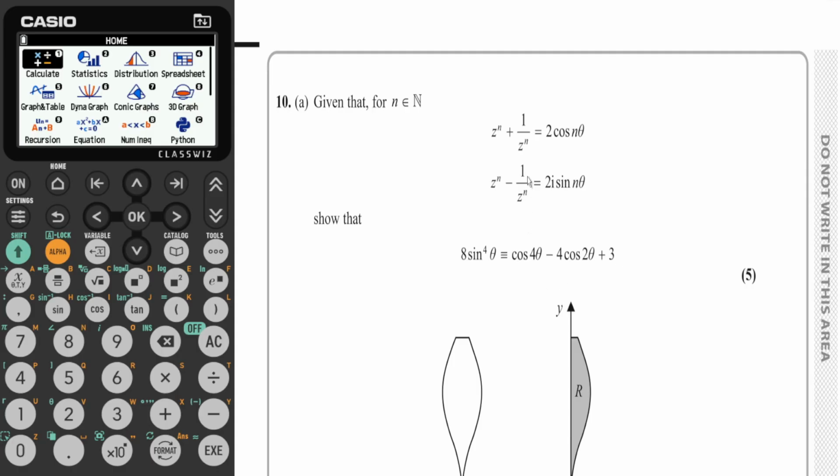Now, what we need to do is consider the case when n equals 1, what happens when we have z to the n subtract 1 over z to the n. And the reason for that is eventually I will raise this to the power of 4, so I will end up with a sine theta to the 4. And of course we can get the sine term by raising this one to the power of 4.